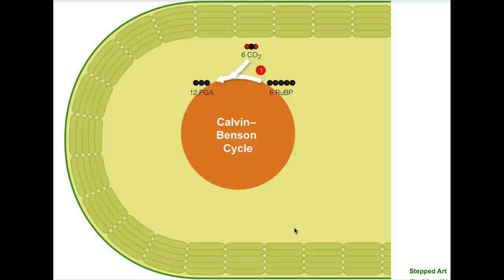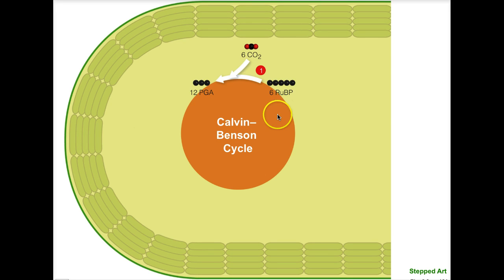Remember, in a cycle, we have to regenerate what we started with. So we can't just combine one carbon from carbon dioxide with our 5-carbon RuBP molecule and get one sugar. That's 6 carbon. I mean, we could, but then we wouldn't have anything left to continue the process.